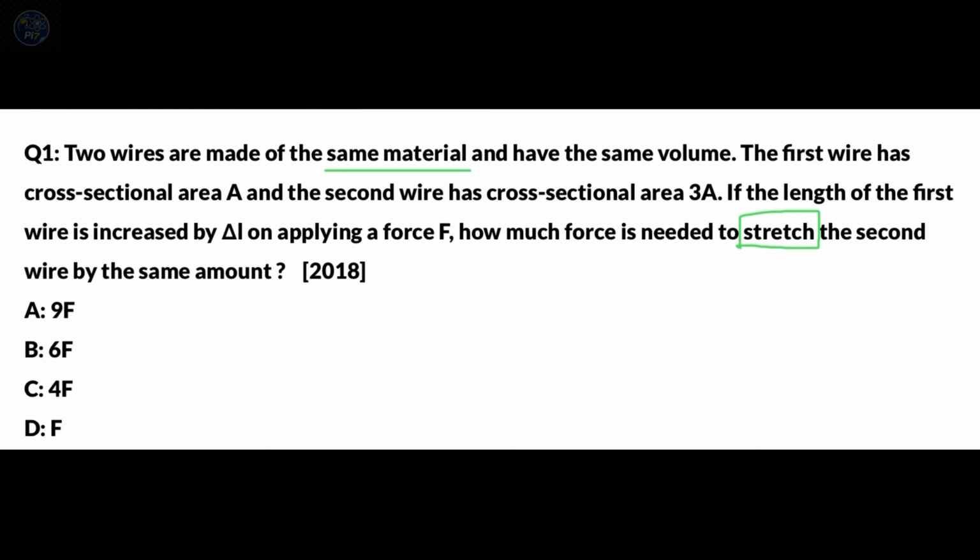So what will be the modulus of elasticity? Young's modulus. So from Hooke's law, we know that stress upon strain equals Young's modulus. So we have two wires. We will name them as F1, A1, delta L1, L1. So this is constant, Young's modulus, and this constant is equal for both the wires.